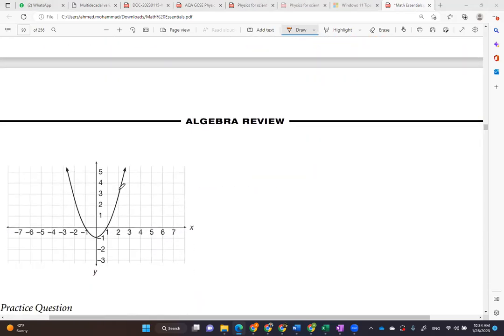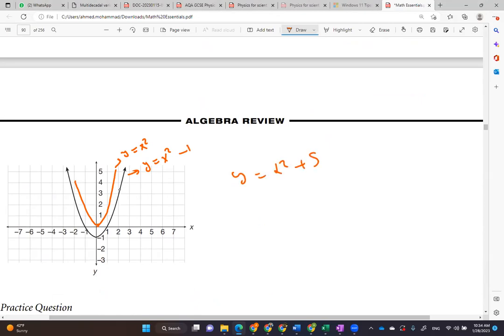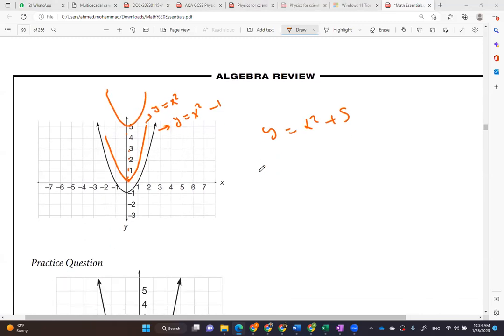This is the original one, y equal x squared, and this one is y equal x squared minus 1. If you have y equal x squared plus 5, you're gonna move up 5 units. So these rules will help you to save your time in exam, to know where the function is exactly.